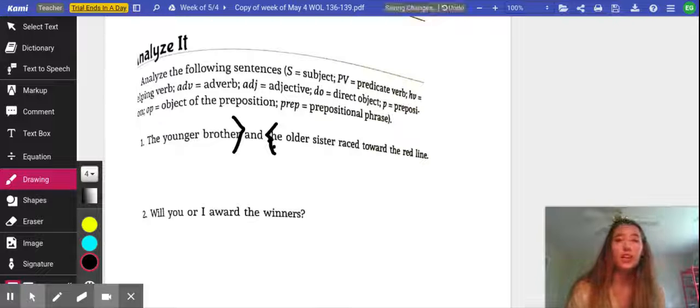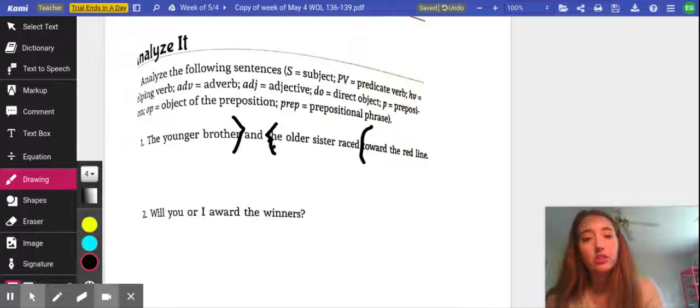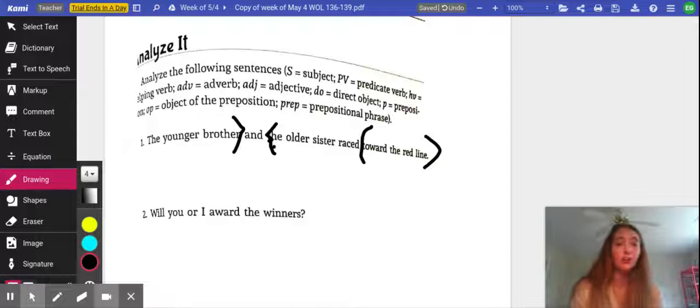Okay, let's read it again. The younger brother and the older sister raced toward the red line. Is there a prepositional phrase? Yes. Toward the line is a prepositional phrase. And you can review the preposition song in your head if you can't remember certain ones.